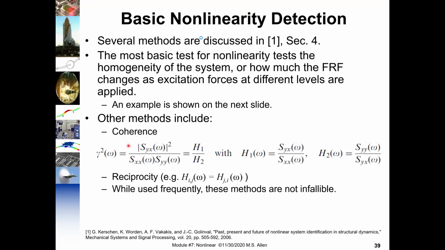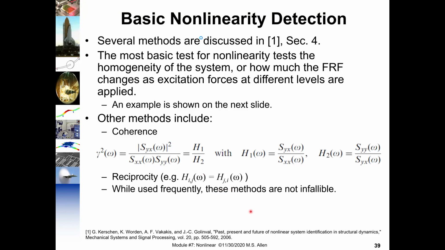So that can sometimes be a useful metric. The problem with coherence is that there are lots of other things that give you bad coherence. As you probably saw in the lab, a little bit of leakage can also decrease your coherence and cause problems. And so that can also be a cause of low coherence and not nonlinearity.